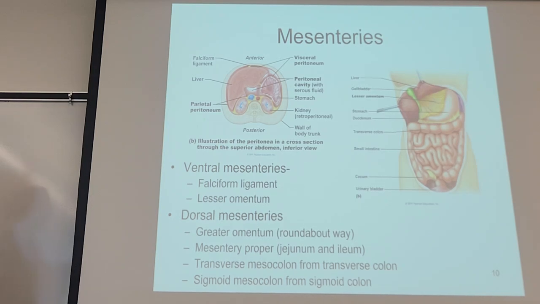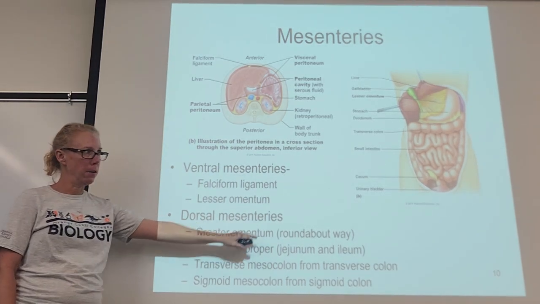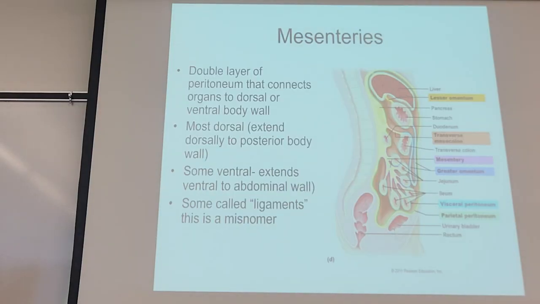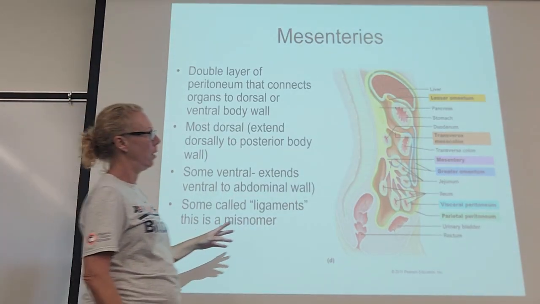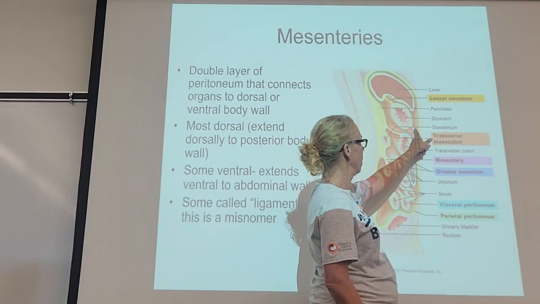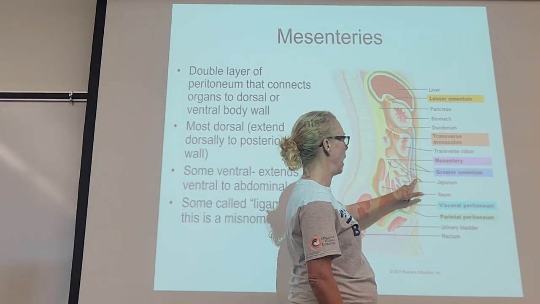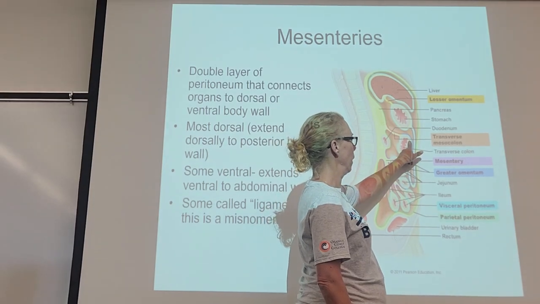Okay. And then dorsal mesentery, so posteriorly, we have the greater omentum. Now the greater omentum, essentially on the cat, was the big fatty blanket that just kind of covered all of the organs. So, let me just go back a picture here. So the greater omentum here, okay, it's considered dorsal because it attaches posteriorly in the cavity.